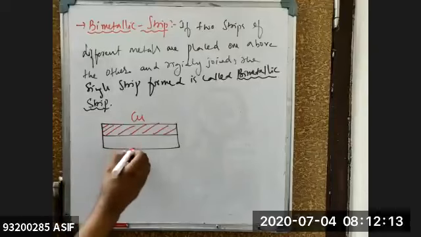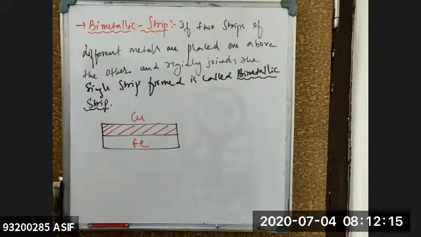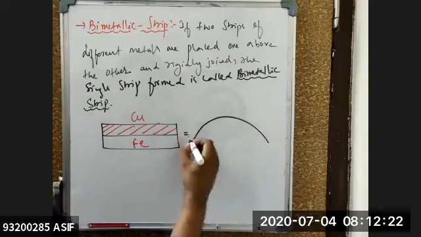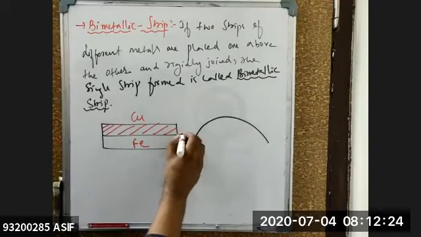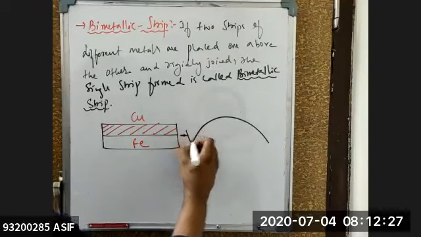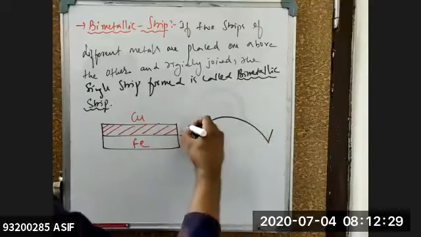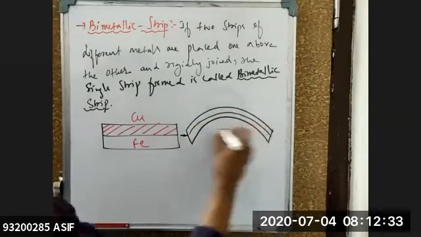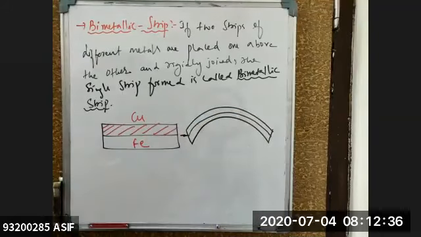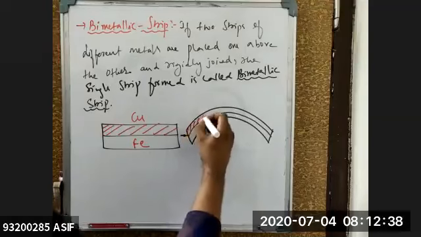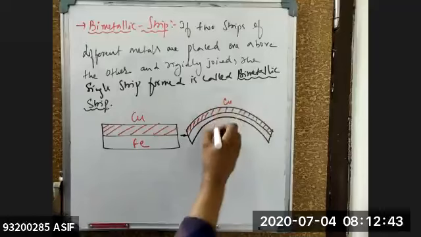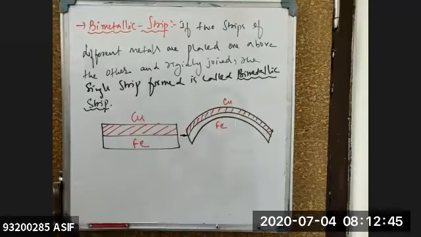The lower one is, say for example, made up of iron. So when you heat this one, the shape of this one will become like this. This one is copper and this one is nothing but iron.